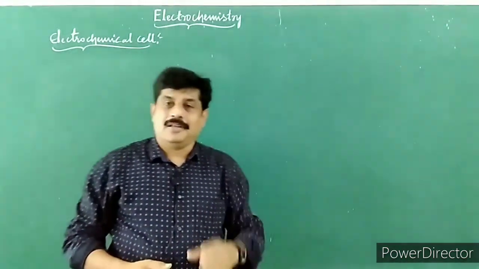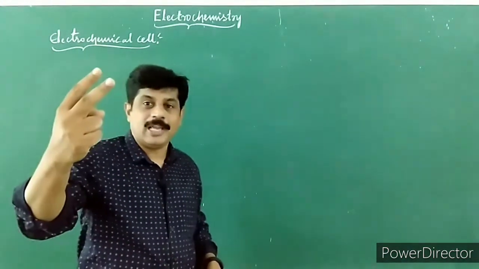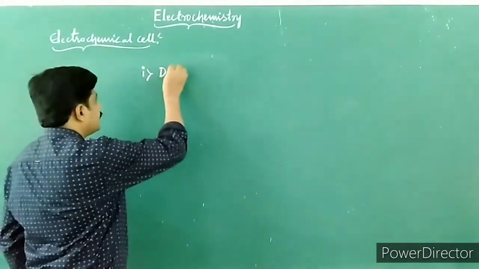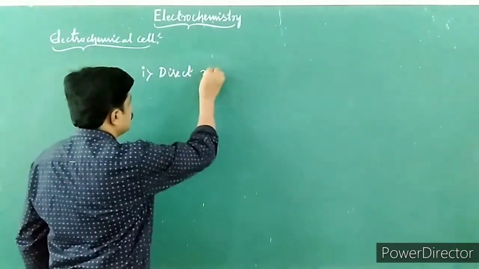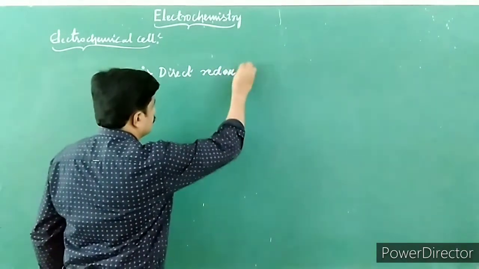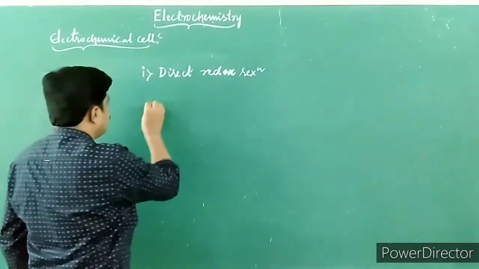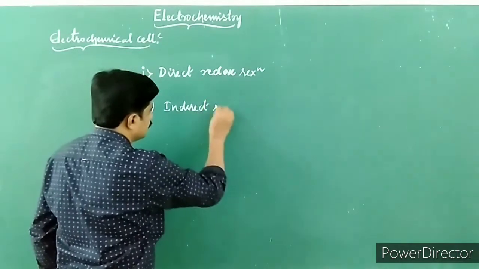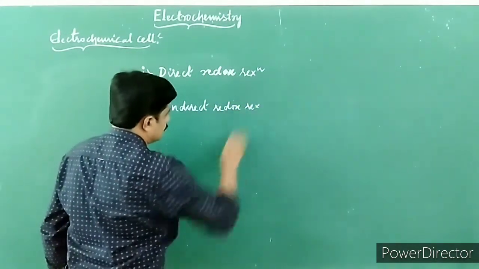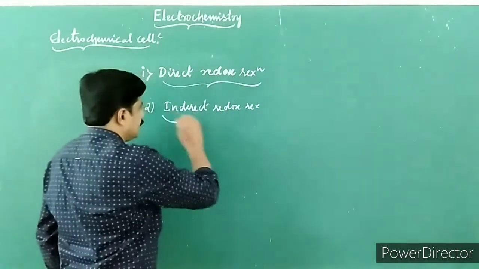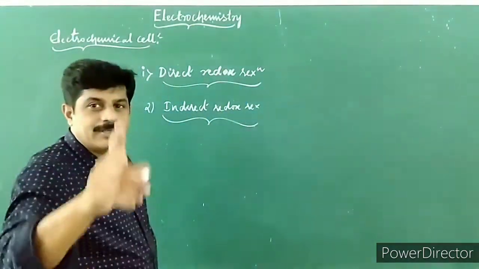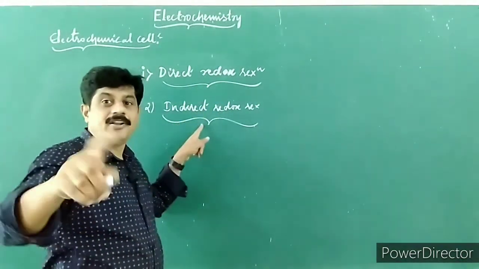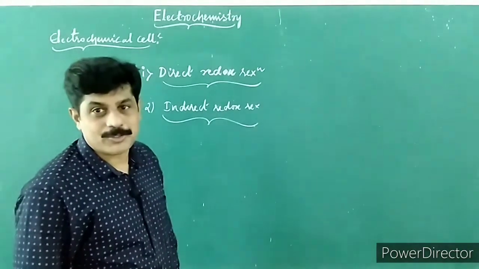Children, the redox reaction can be classified into two types. Number one, we have direct redox reaction. Second one, we have indirect redox reaction. Children, you have learned direct redox reaction as well as indirect redox reaction in class 11th chemistry.